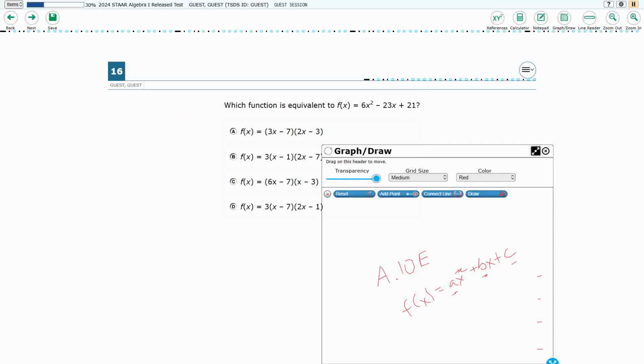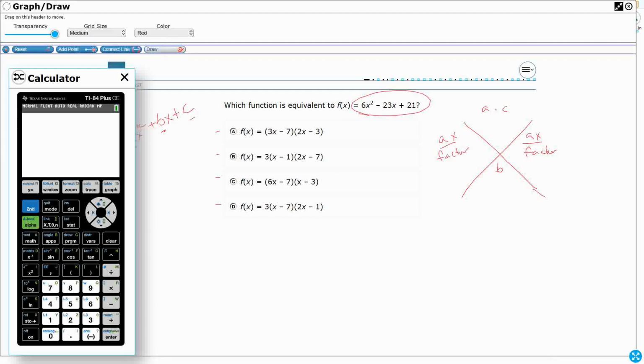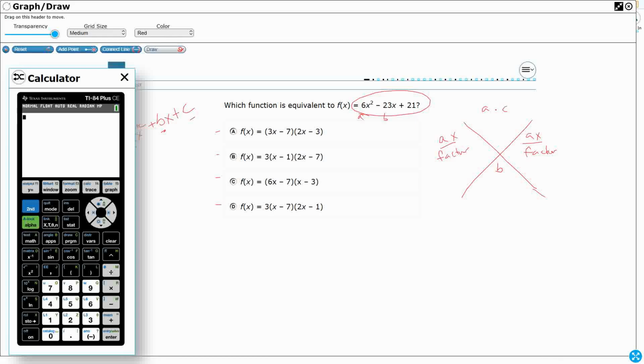But really, I'm looking for two numbers that multiply to the product of a times c. And we're already getting pretty large here. I'm going to open up my calculator because my a is 6, my b is negative 23, and my c is 21. So I need two numbers that add to negative 23, but multiply to whatever a times c is. That's 6 times 21. So that's going to be 126. So two numbers that multiply to 126.